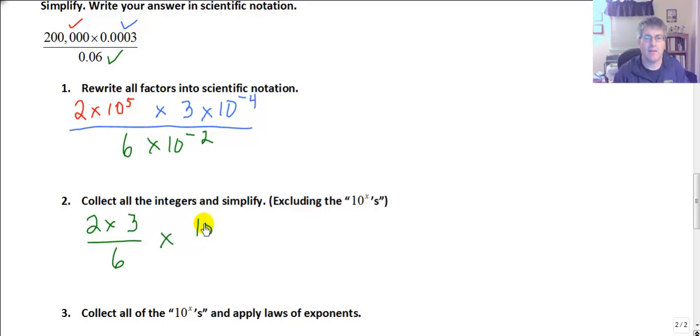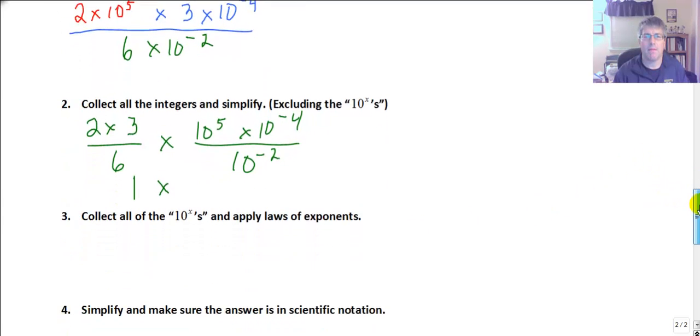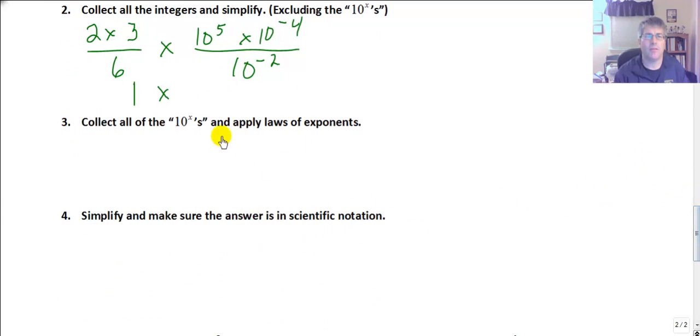So I've got 10 to the 5th in the numerator and 10 to the negative 4th in the numerator, all over 10 to the negative 2nd in the denominator. So I've rewritten that, and I can simplify 2 times 3 divided by 6, that's just 1, times all of this.